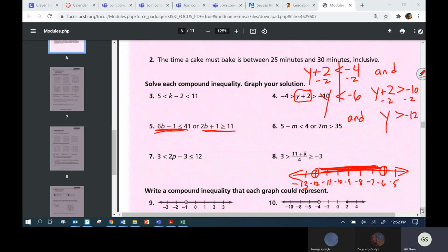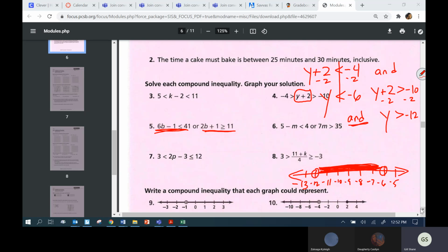Well, if this is negative 6, numbers to the left are less than, so they need to be less than that number. But they also have to be greater than negative 12. Well, that's the numbers going this way. So the only numbers that are both of those, less than negative 6 and greater than negative 12, are the numbers in between, that fit both of those.